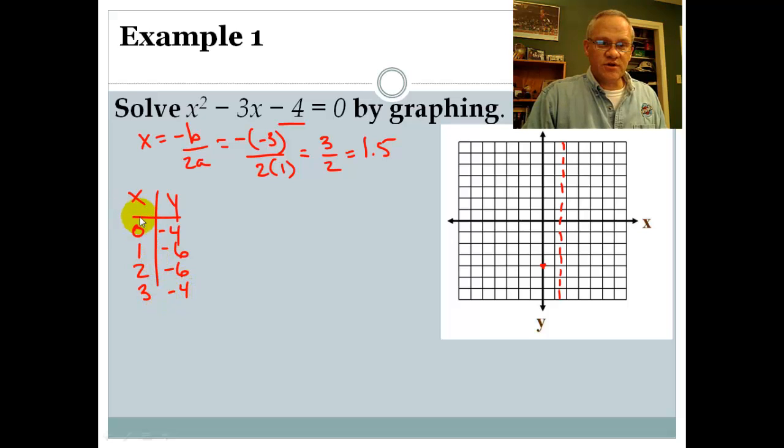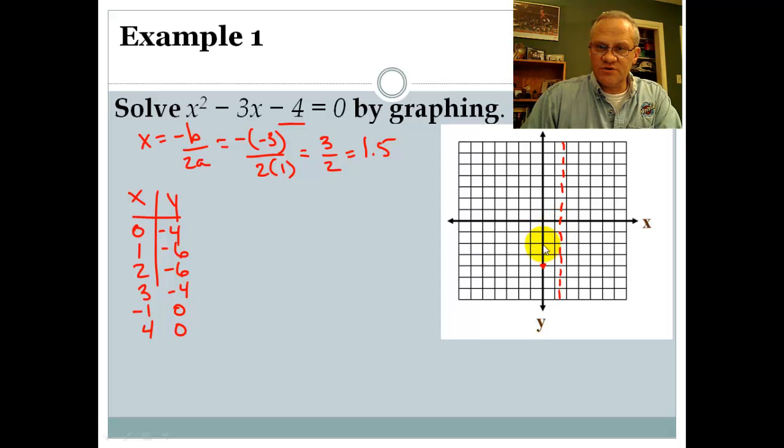Oh, and I should add one here up at the top. I didn't leave room for it, but there's a point of negative 1, 0, which should fit up here. And then there's a point of 4, 0. The reason I included those, going a little further than I normally do, is because those are important points, which we'll see in a second. So when I graph these, I've got 1, negative 6.